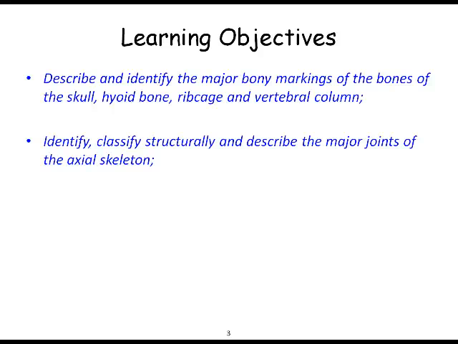Now let's look at the learning objectives for this online module. Firstly, we will describe and identify the major bony markings of the bones of the skull, hyoid bone, rib cage and vertebral column. We'll then look at the major joints of these regions.